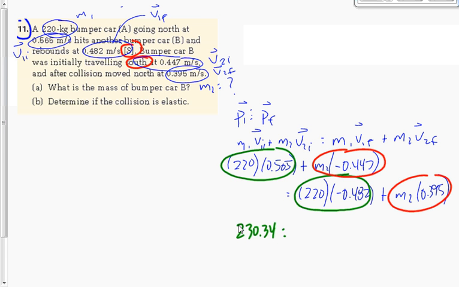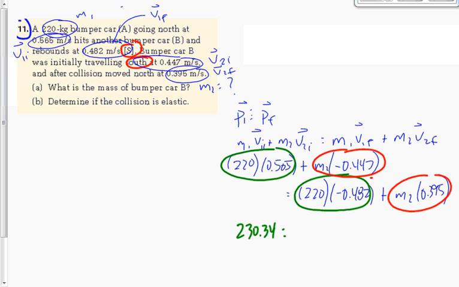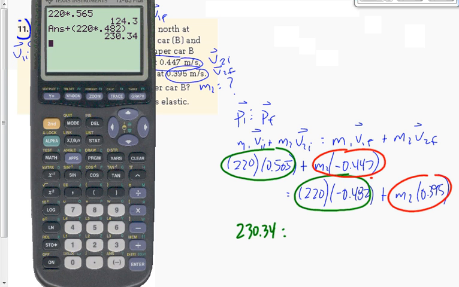On the right-hand side in red, remember, if 1x and 2x is 3x, and we're going to take this over by adding because it's a negative, then we're going to say 0.395 plus 0.447 gives me 0.842 m2.